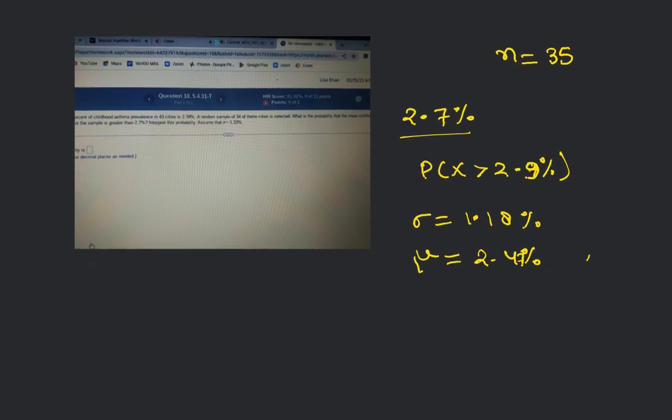So in that case, if we try to find out the Z score, the Z score is basically X minus mu over sigma.